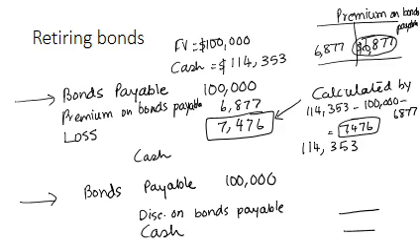Loss is always debited and profit is always credited. That is your balancing entry.